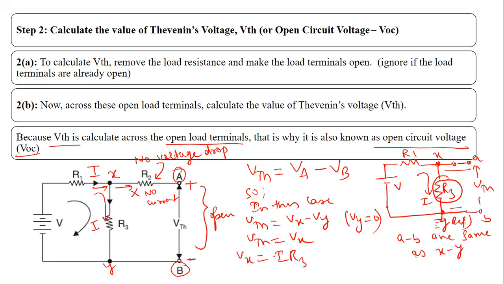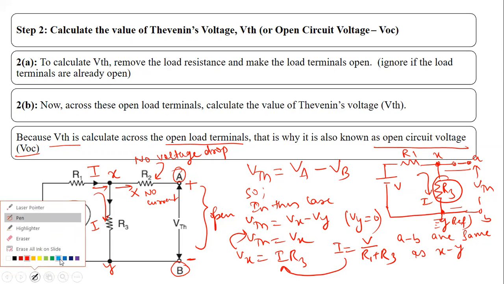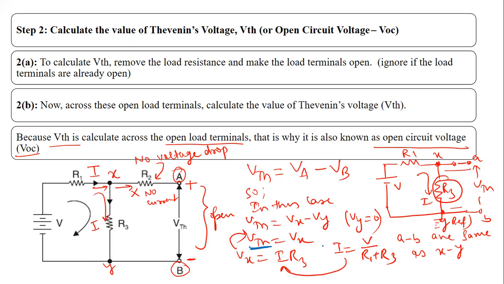That means we need to calculate I here. So I is equal to V by R1 plus R3. We substitute this value to get the value of Vx, and so we can get the value of VTH. Now, calculation of VTH may differ from circuit to circuit. It all depends upon where your load branch is located, that you need to take care of, right?